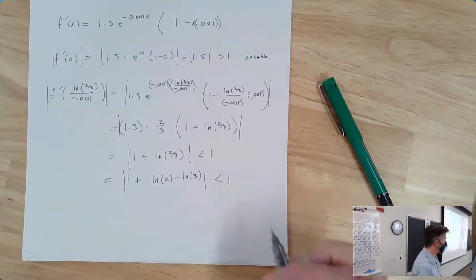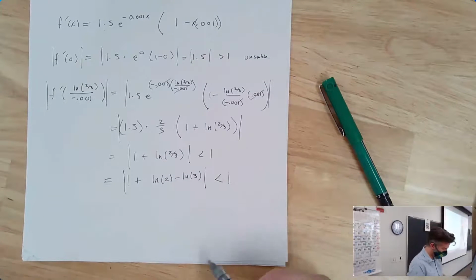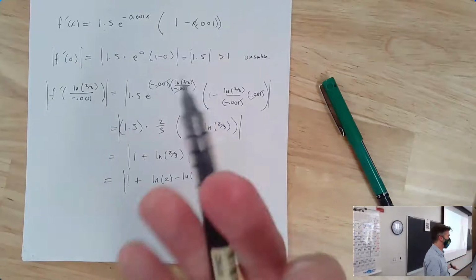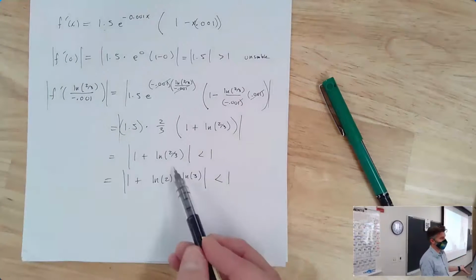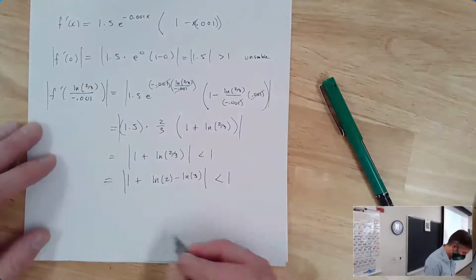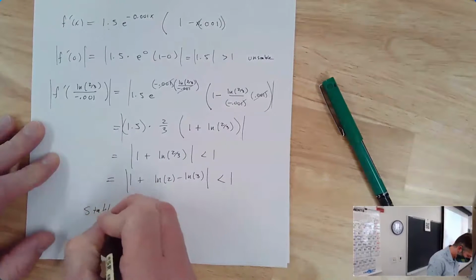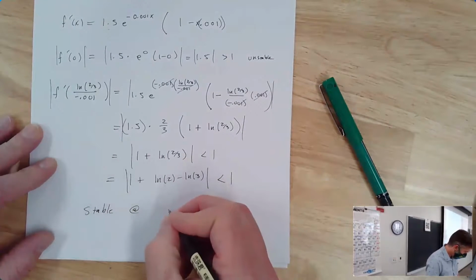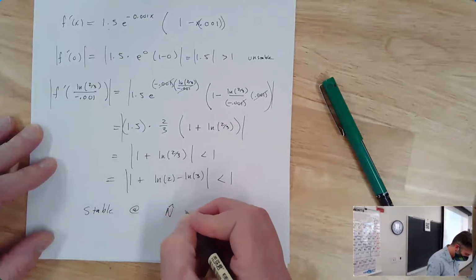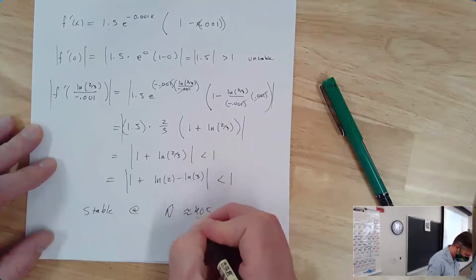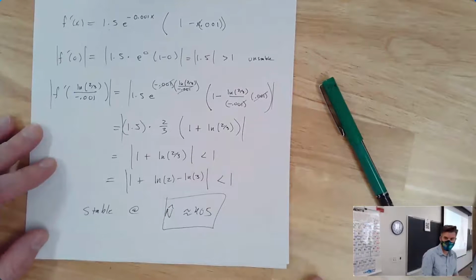But it's easy to miss that if you're not thinking about it, because it looks like 1 plus something obviously is bigger than 1, unless the thing is negative, which it is. So we have stability at n hat approximately equal to 405. All right.